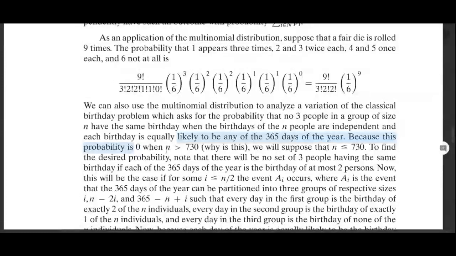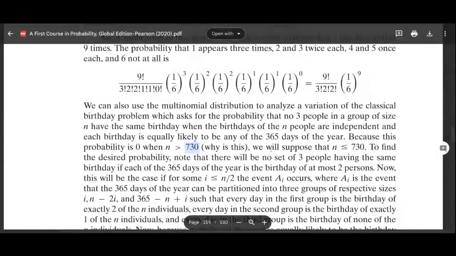Because this probability is 0 when n is greater than 730, we will suppose that n is less than or equal to 730. 730 covers 2 years, right?